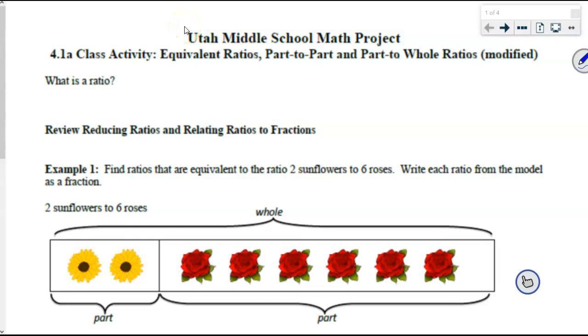Xander. An equivalent relationship between two or more objects? Numbers. So does that mean that it can only be 2 cats to 2 dogs?